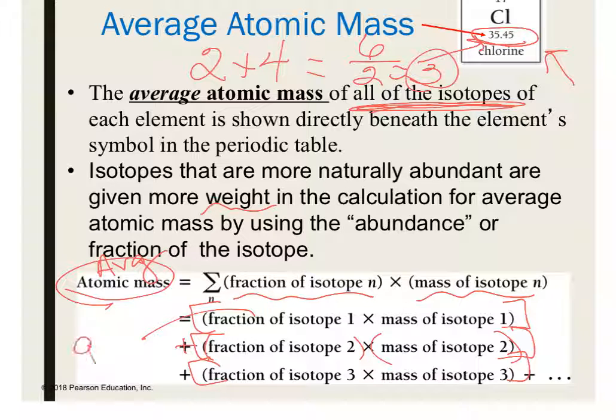So if an isotope like neon is present in 90%, this formula requires that you put a percent in fractional form. So in other words, divide the percent by 100. So the fractional amount for isotope 1 would be 0.90. So the average atomic mass that you calculate will be between the individual values of each mass for each isotope, but it'll be closest to the mass value of the most abundant isotope.